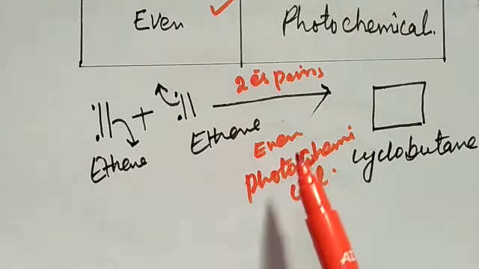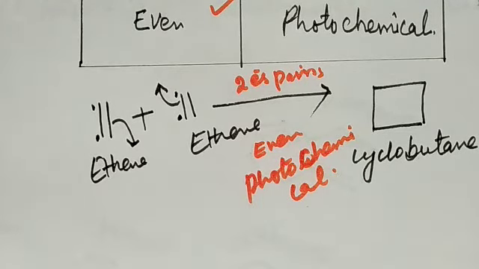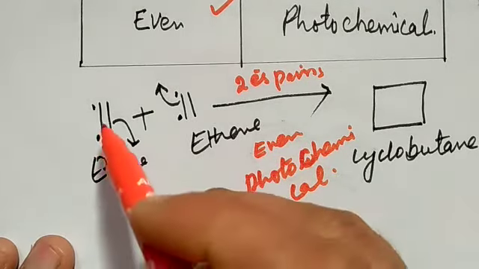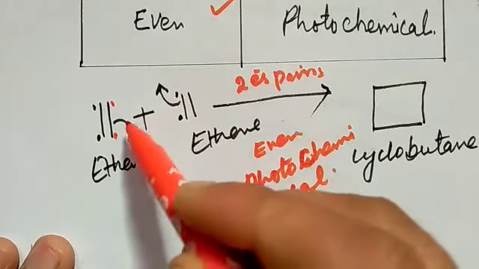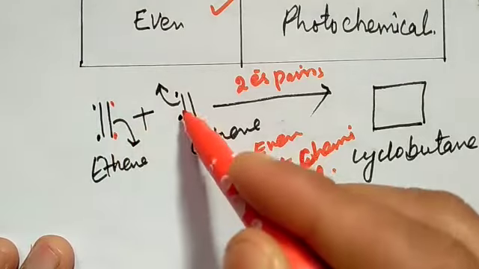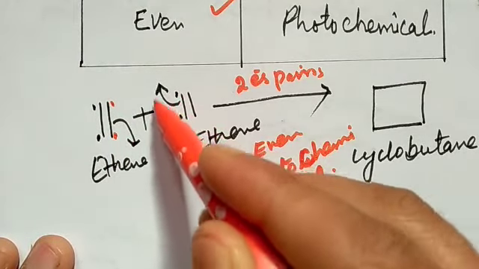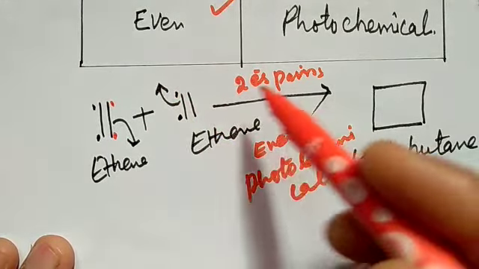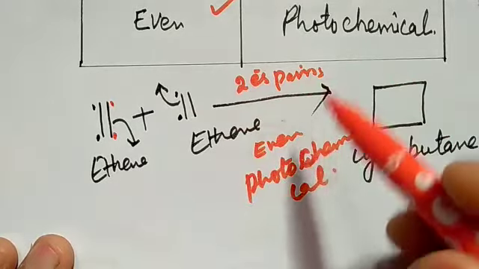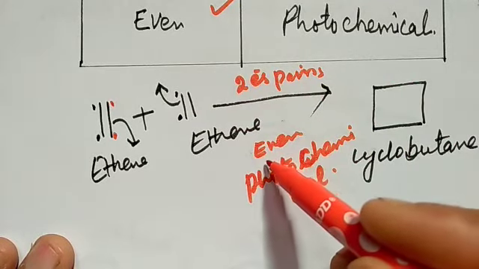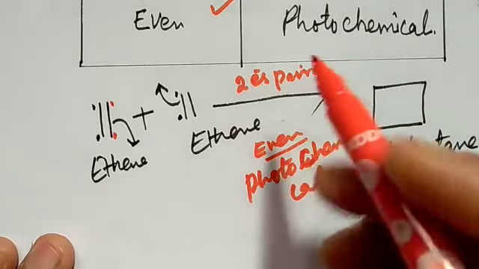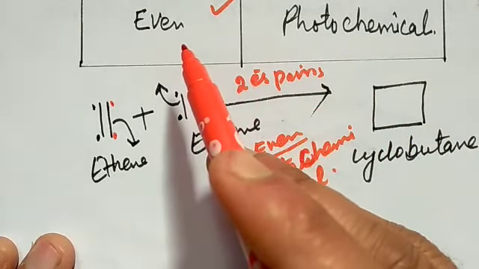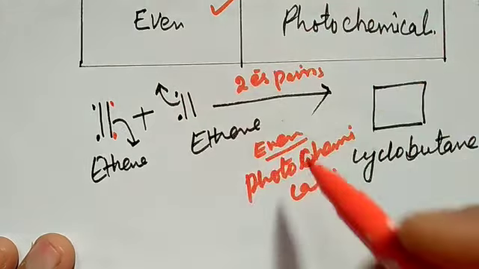Right? I once again repeat. In ethene, these two electrons are involved in this reaction, and in this case, these two electrons are involved, meaning two electron pairs are there. We can say that an even number of electron pairs are there. If an even number of electron pairs are there, then the reaction is photochemical, right?